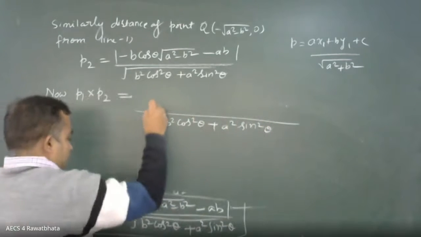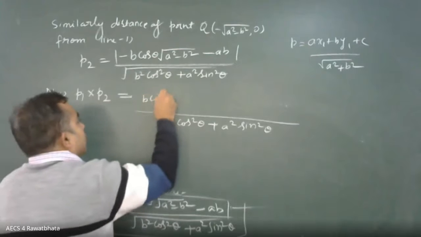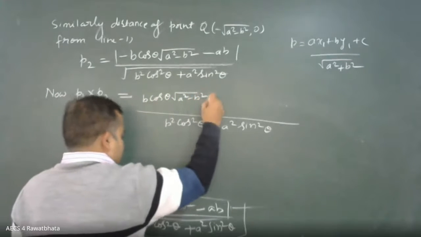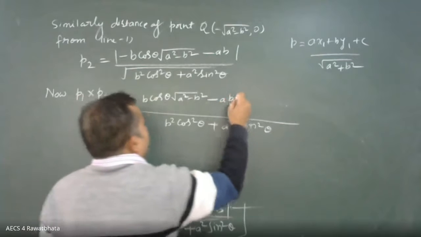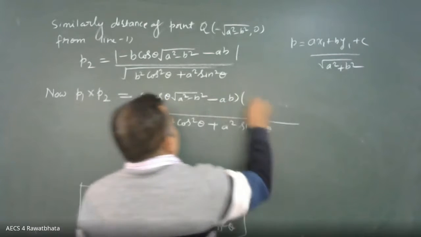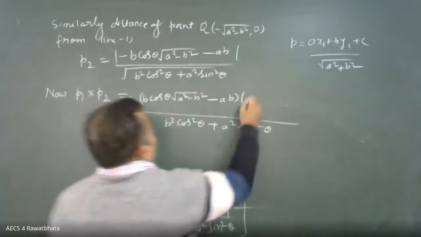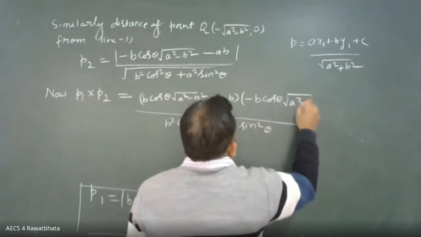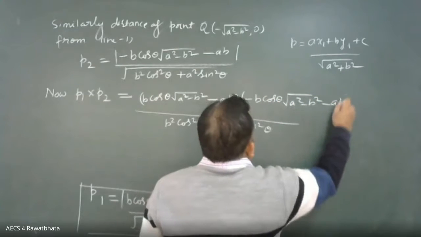In numerator, b cos theta root a square minus b square minus ab, into minus b cos theta root a square minus b square minus ab.